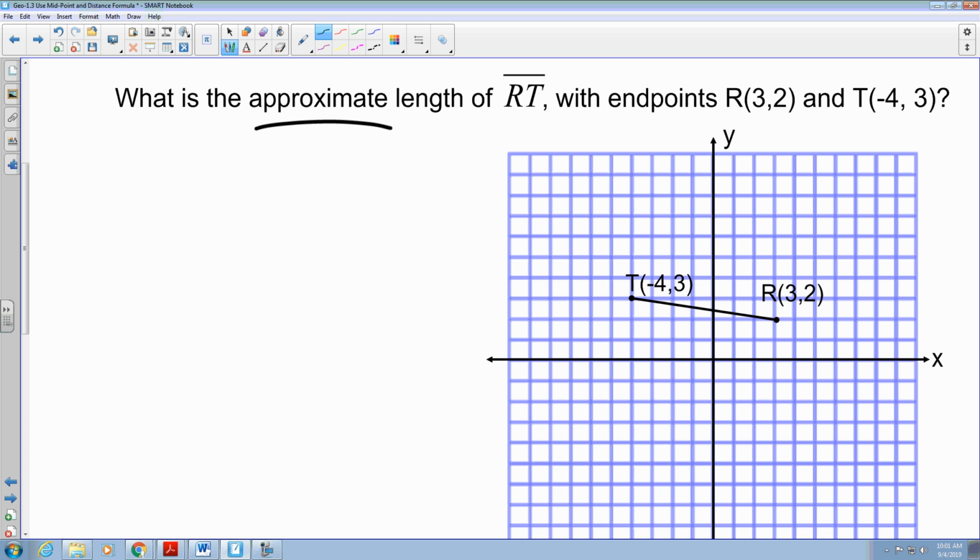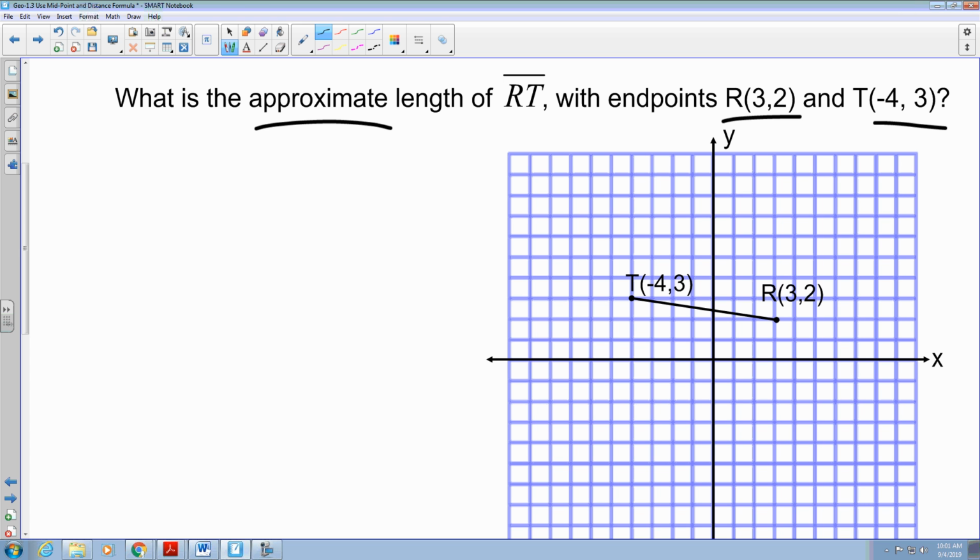We have one endpoint that is (-4, 3), which is T, and one endpoint that is R, which is (3, 2). It does not matter which values you denote as your x1, y1 or your x2, y2. You just have to be consistent with the formula.